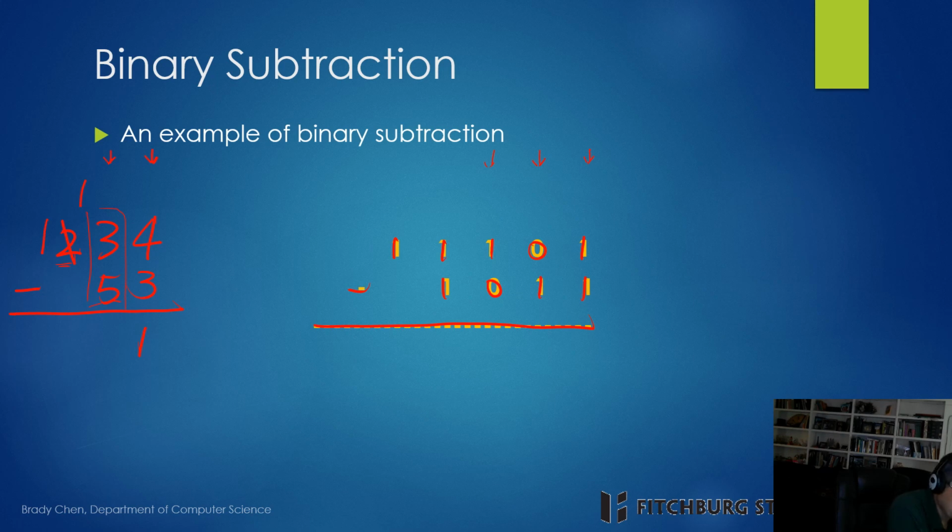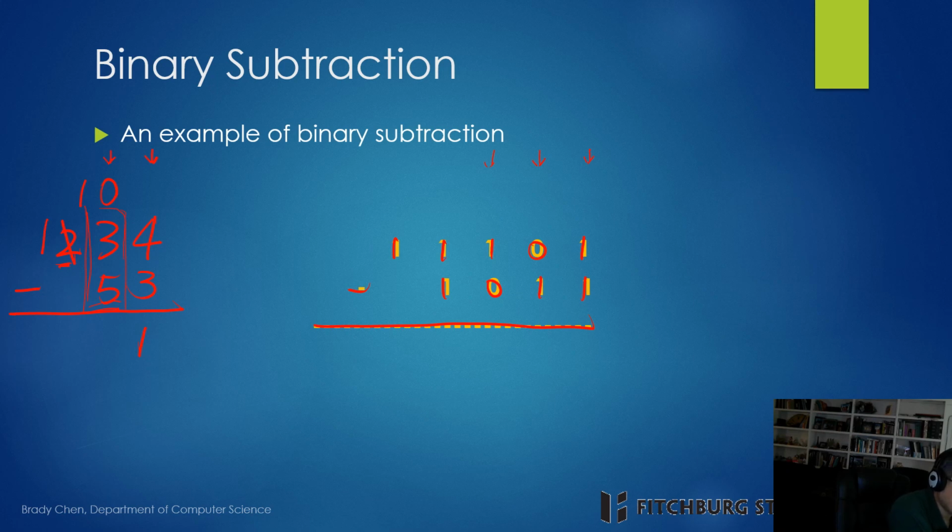Now remember, in decimal, every 1 in the next position represents a 10 in the current position, right? So the 1 borrowed from the hundreds position actually represents 10 in the tens position. So this one can be counted as 10 over here, right?